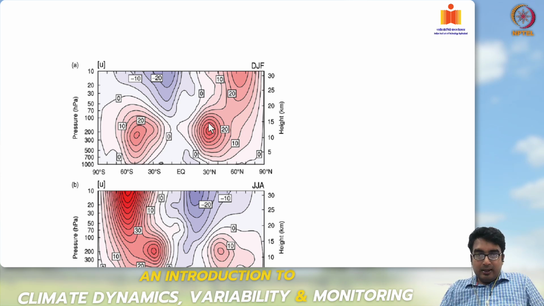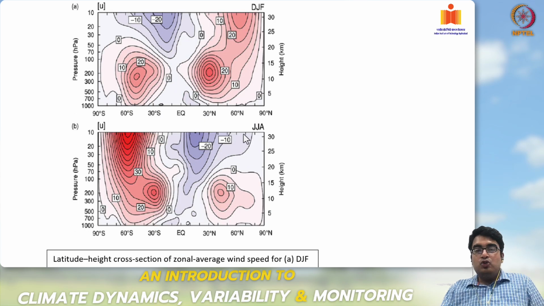And in the winter hemisphere it has shifted southwards and is now at 30° to 25° north. Whereas in June, July, August, the peak regions have moved. So this peak has moved to around 45° north, and this peak here, which was at 50° south, has moved towards 30° south.